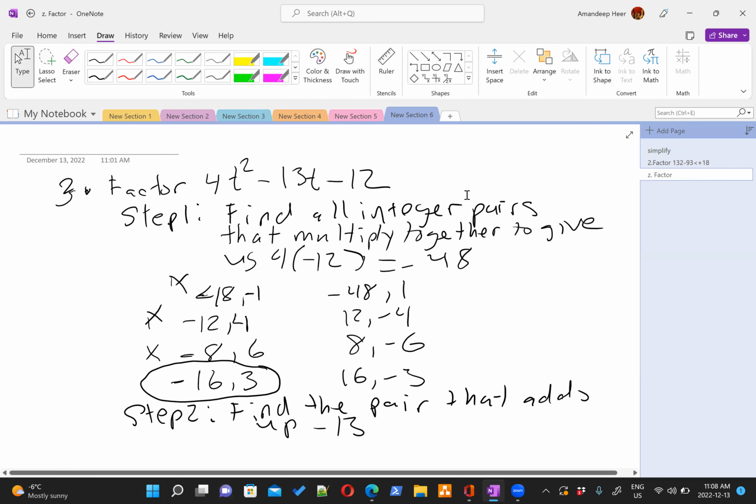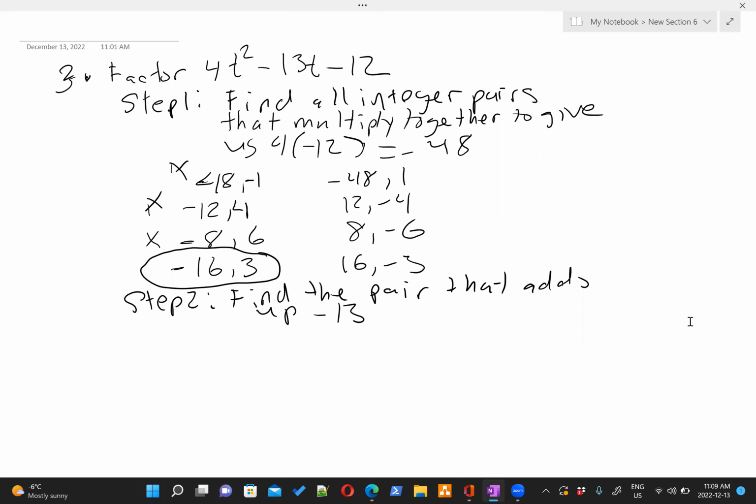So that's what we're going to do here. I'm going to scroll down and continue on the next line. What you're going to get is 4t squared minus 13t minus 12. We're going to rewrite -13t in terms of -16 and 3.